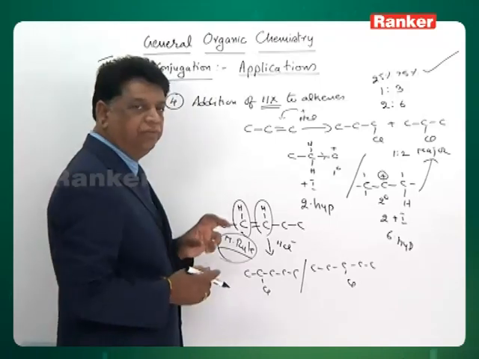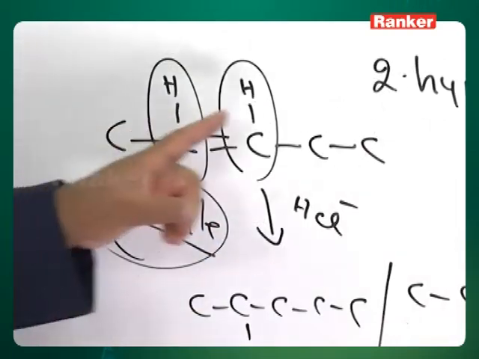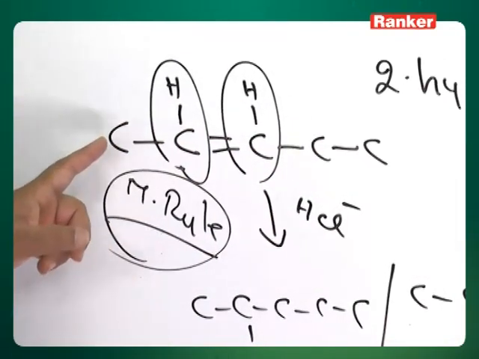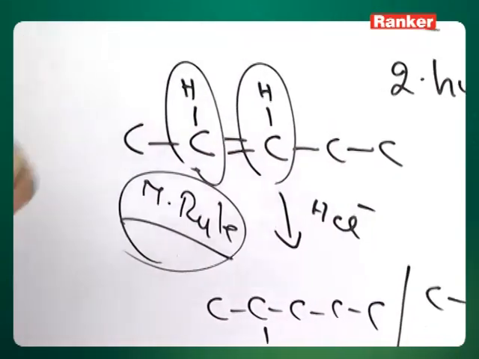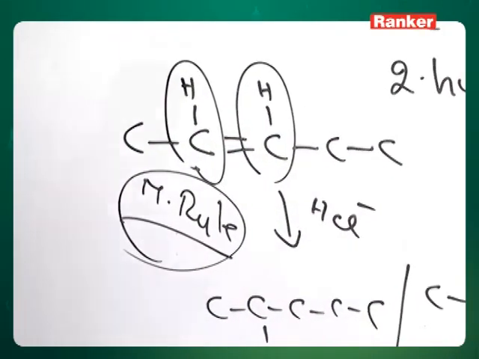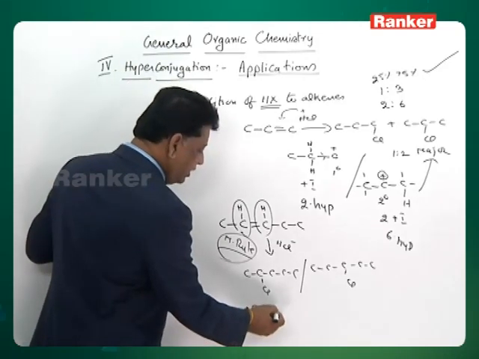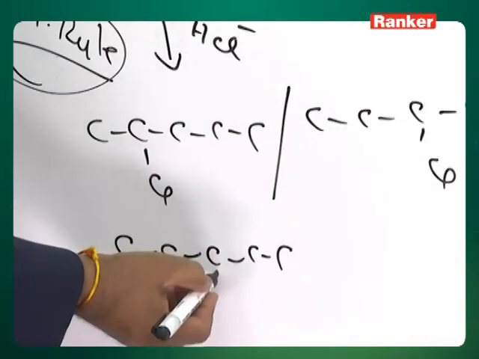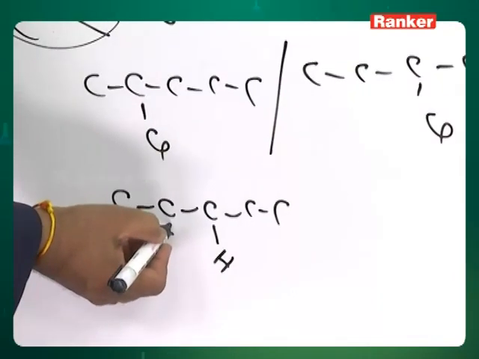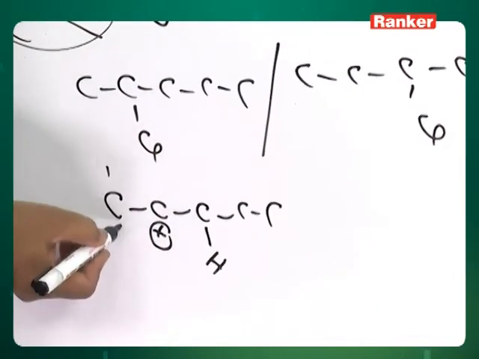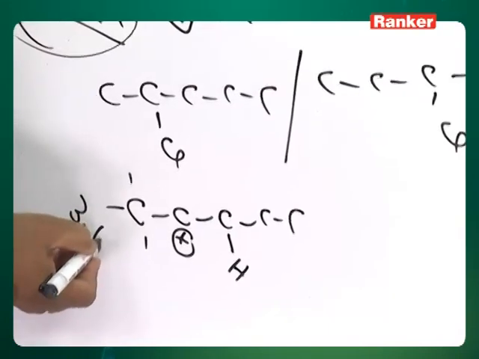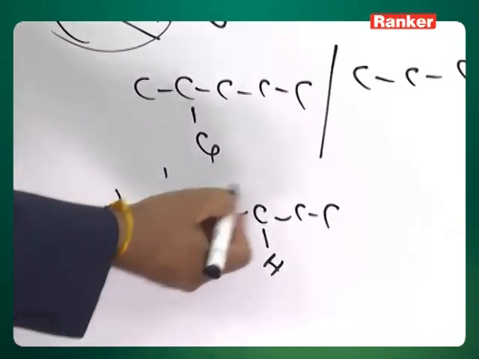Even if you want to apply the inductive effect, both have 1 inductive effect, therefore you cannot apply it. But the intermediate concept based on hyperconjugation you can apply. In this case, if the hydrogen is added, the carbocation here has 3 hyperconjugations, and that side 2.